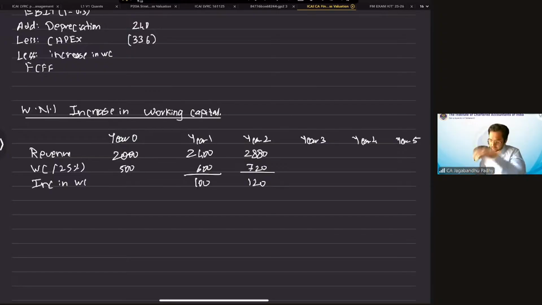In the third year, revenue is again 20% higher, 3456, and working capital is 25% of that, 864. The working capital is increasing by 144.